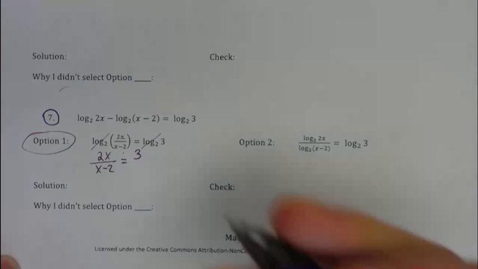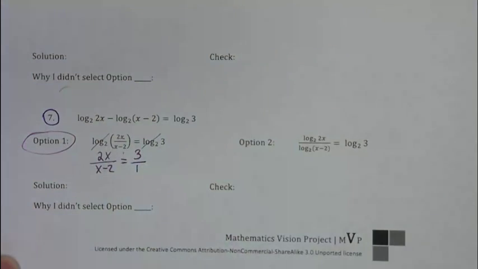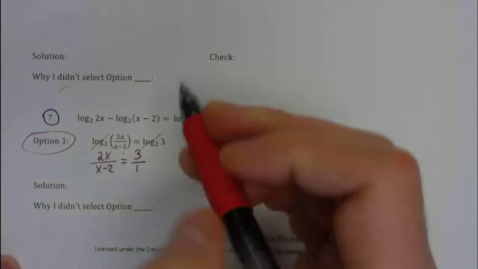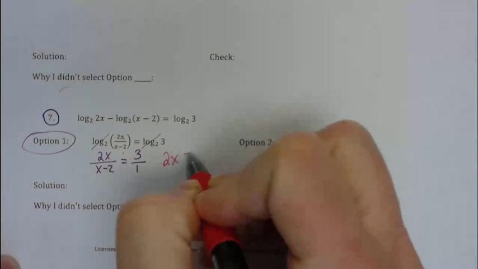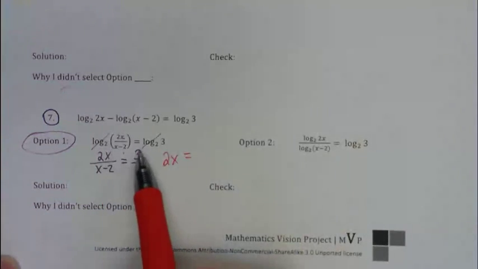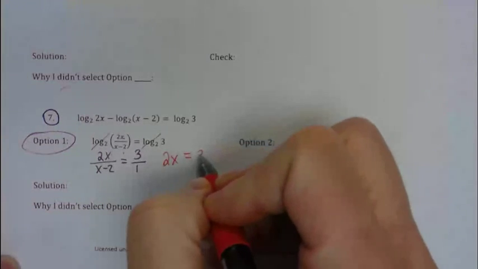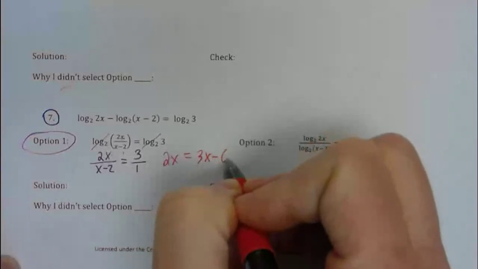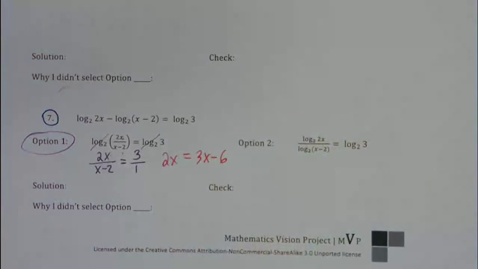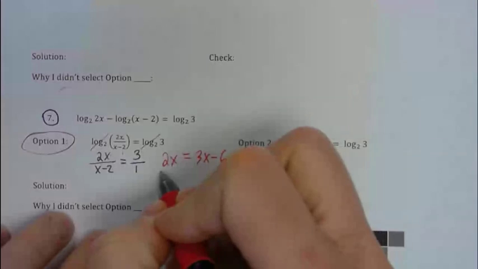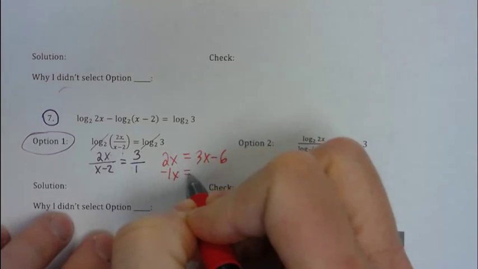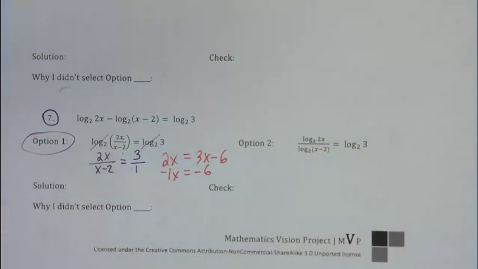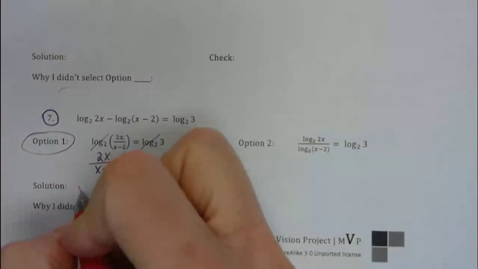That'd be like putting a 3 over 1 right there. And so what I would do from there would be to do cross multiplying. 2x times 1, 3 times x minus 2. So that would give me 3x minus 6. And then I'm just solving that for x. So subtract 3x from both sides, we get negative 1x equals negative 6. Well, that means that x is going to be equal to 6.